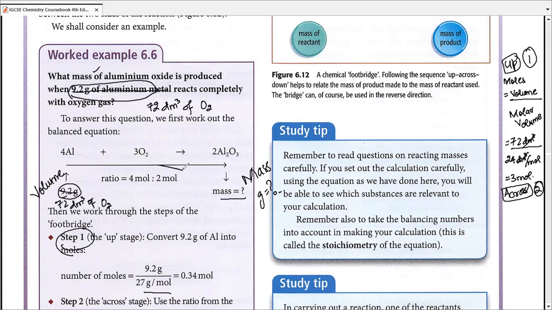The molar ratio is something he has already done over here for aluminum, but we're not going to do this because we need the molar ratio of O2 to Al2O3. Now we understand 3 moles of O2 produce 2 moles of Al2O3. And luckily, we already have 3 moles of O2. That means we do not need to work it out.